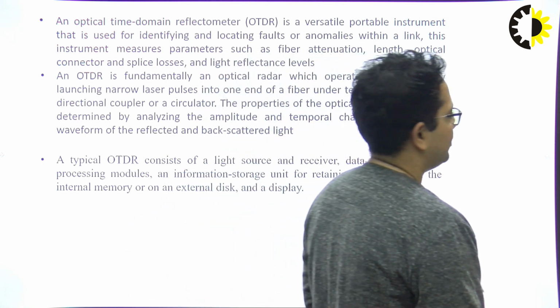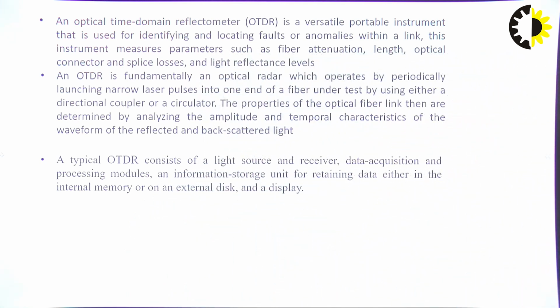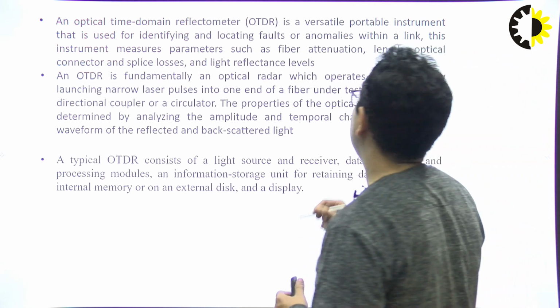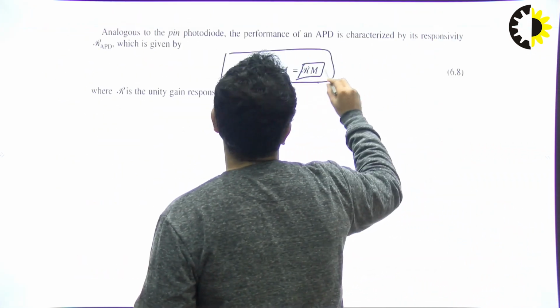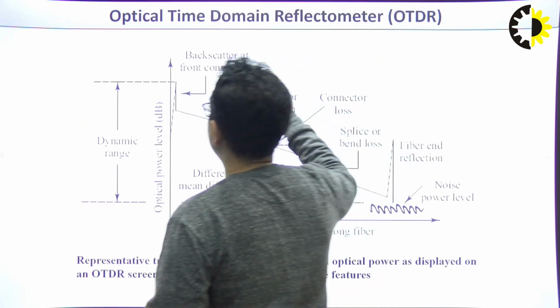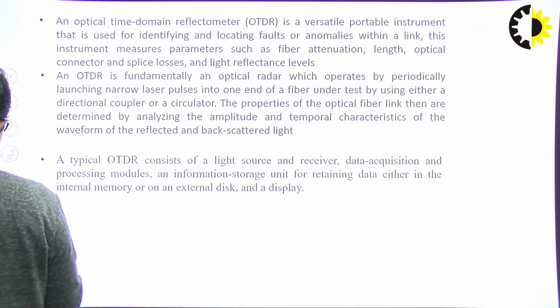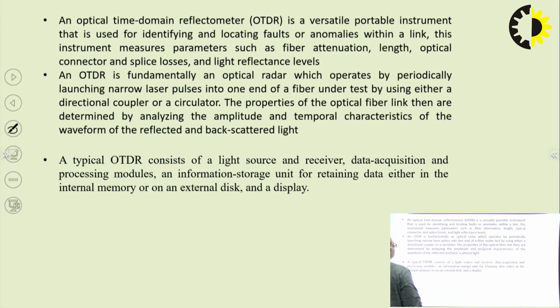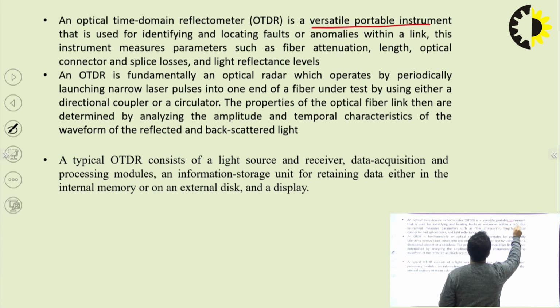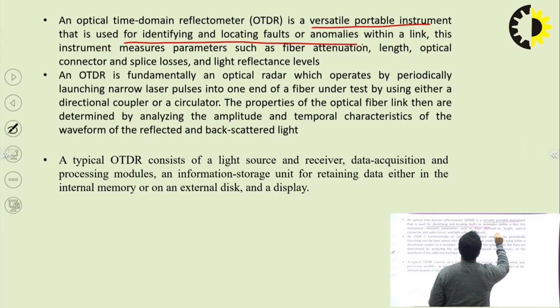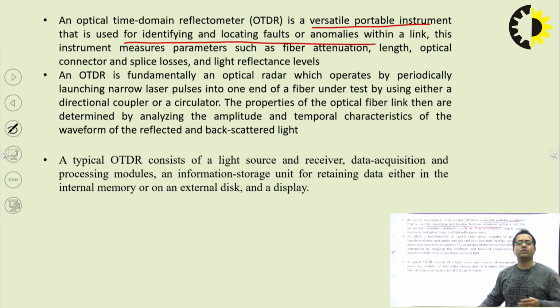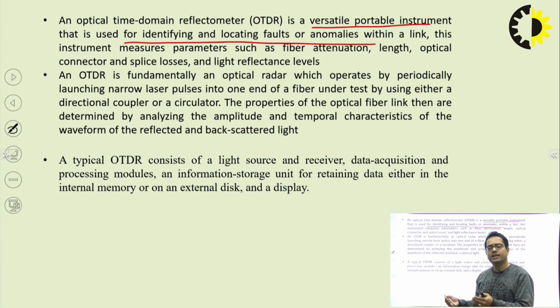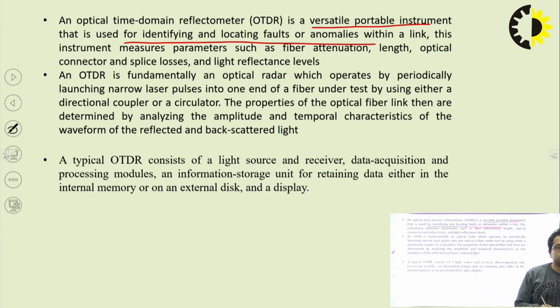It is a very versatile, portable instrument used to calculate the losses happening in the optical fiber, and for identifying and locating faults at the connector side. If there is some mismatch between the optical fibers at a connector, some loss is going to occur.